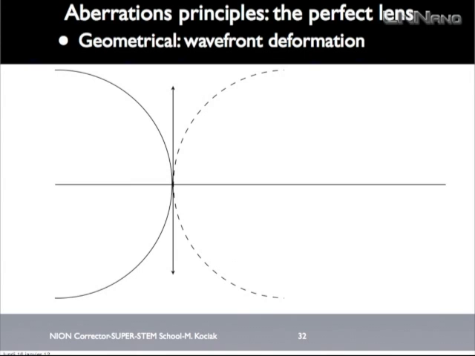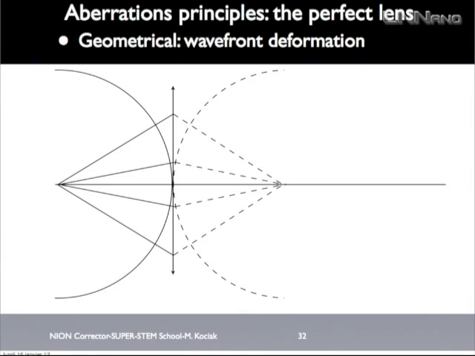So this one is diverging and this one is converging, but it's just what a regular lens is doing. So the ray paths are perpendicular to this surface. So you see that this point is becoming this point, and because everything is perfect, if you increase the angle, this point is still converted at this point.